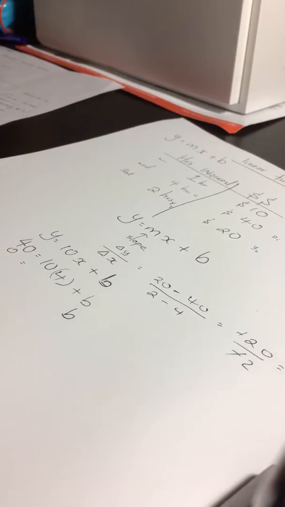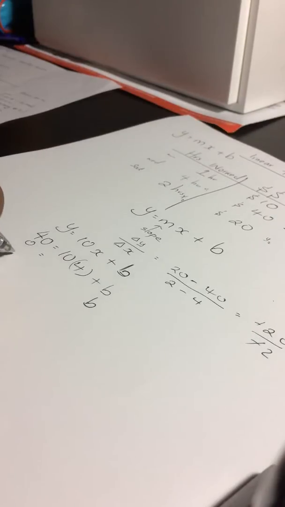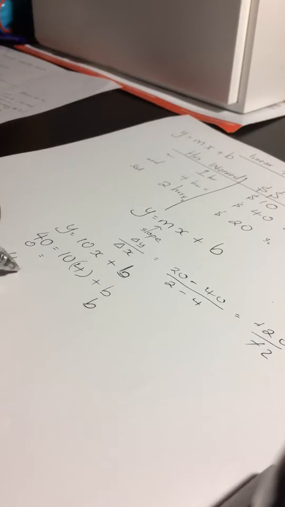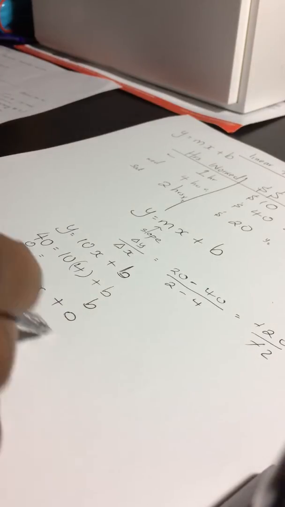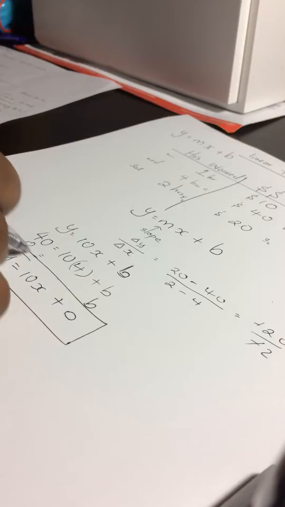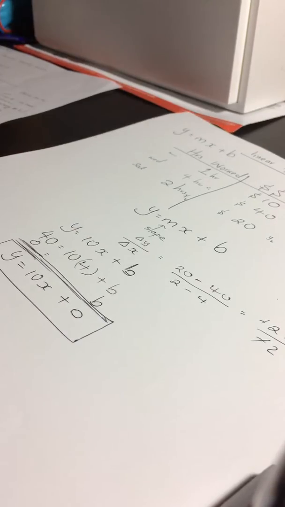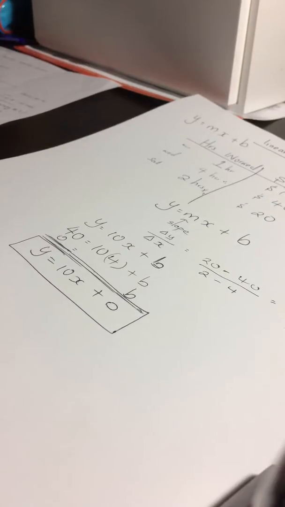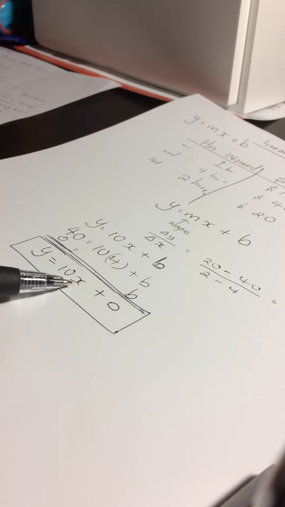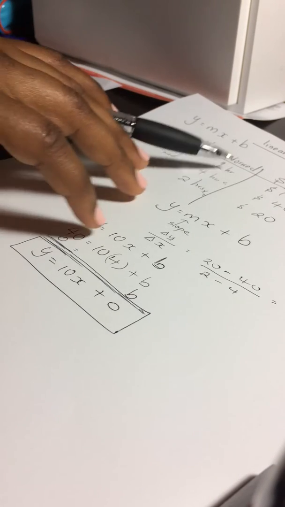Okay, so then we can formally write the slope-intercept form as y equals 10x plus 0. And simply what this means is that if one day I work like 10 hours and I've never worked 10 hours before, well, we decided to give the x variable to the hours.